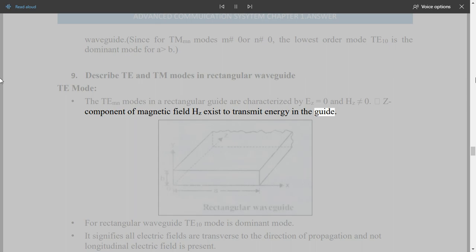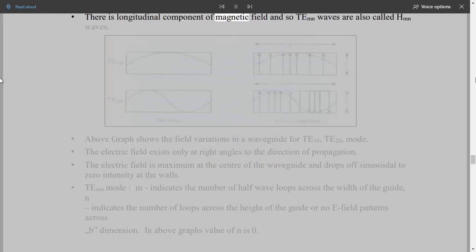For rectangular waveguide, TE10 mode is the dominant mode. It signifies all electric fields are transverse to the direction of propagation, and no longitudinal electric field is present. There is a longitudinal component of magnetic field, and so TE waves are also called H mn waves.